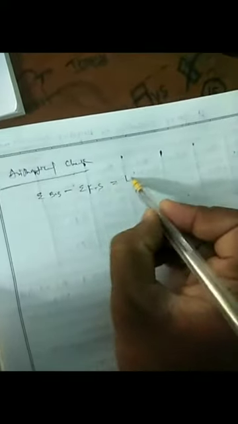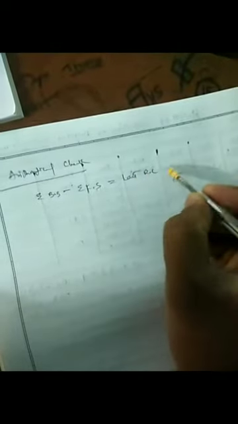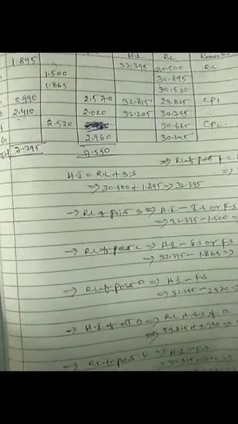Arithmetical check is equal to sigma BS minus sigma FS, which is equal to last RL minus first RL. So you write down sigma BS, how much we got here? 7.295 minus 7.550.